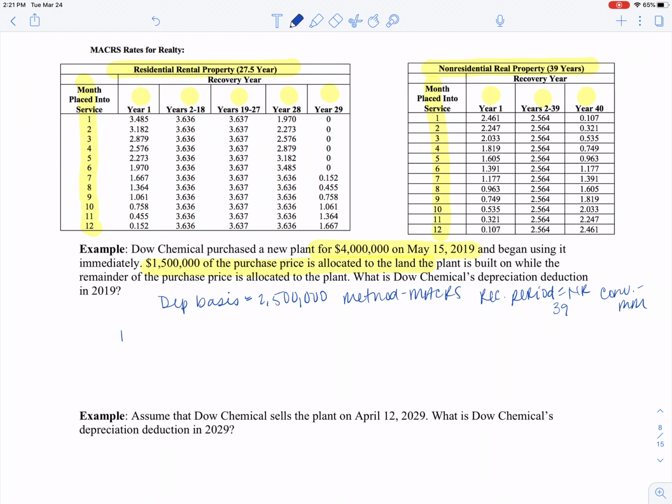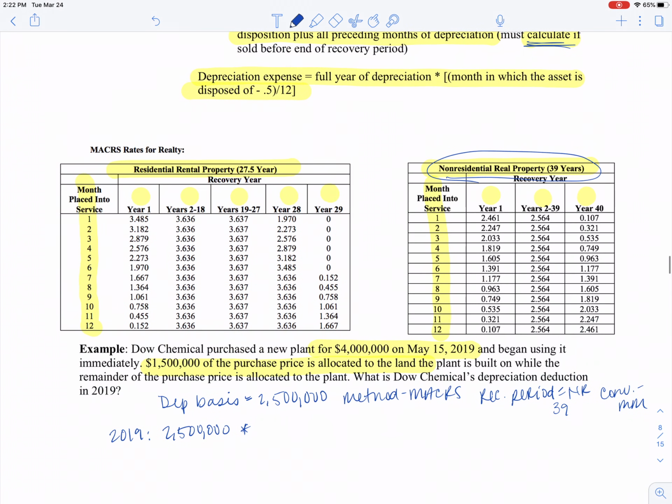So we take our depreciable basis. For 2019, $2.5 million. Because it's non-residential, I'm going to be using this non-residential real property table, and it was placed into service in May, which is the 5th month. So I'm looking at the 5th month, 1.605%.